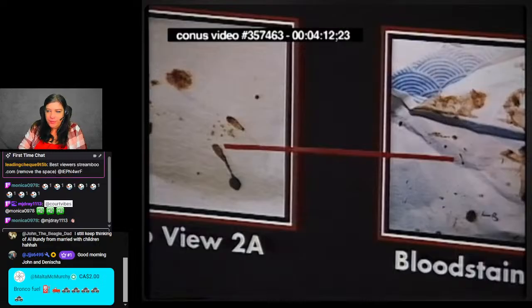Ford Broncos, like back in the day, not today's Ford Broncos. They're not Ford Broncos. We're going to talk about real Fords, Mustangs, Broncos, back in the day. I was just in love with those.